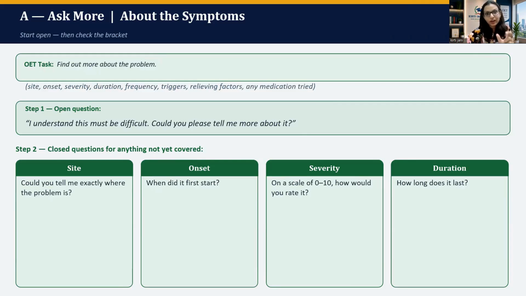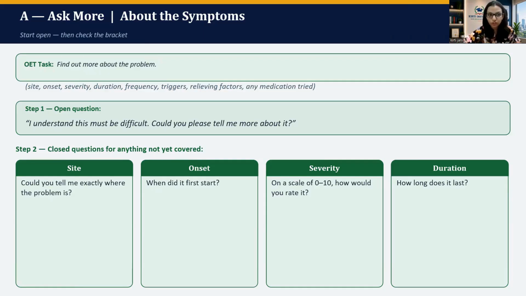I have used problem here because it can be anything based on your profession. But the most commonly asked questions are in the bracket information: site, onset, severity, duration, frequency, triggers, relieving factors, and any medications tried. These are the questions they repeatedly ask.